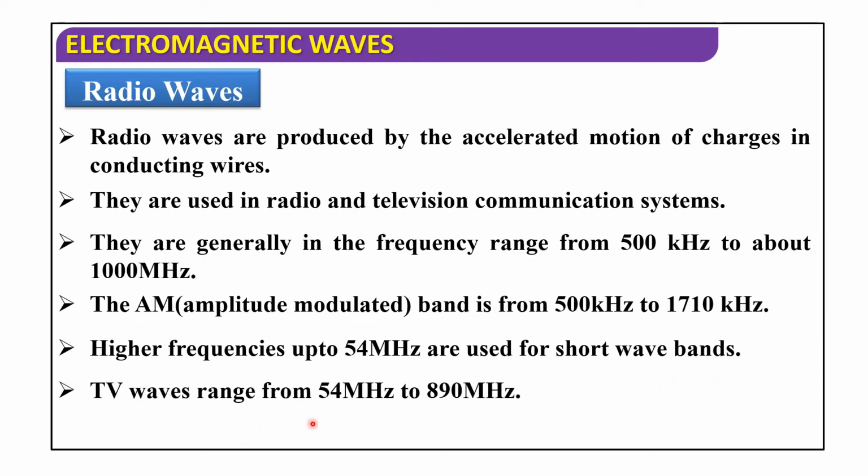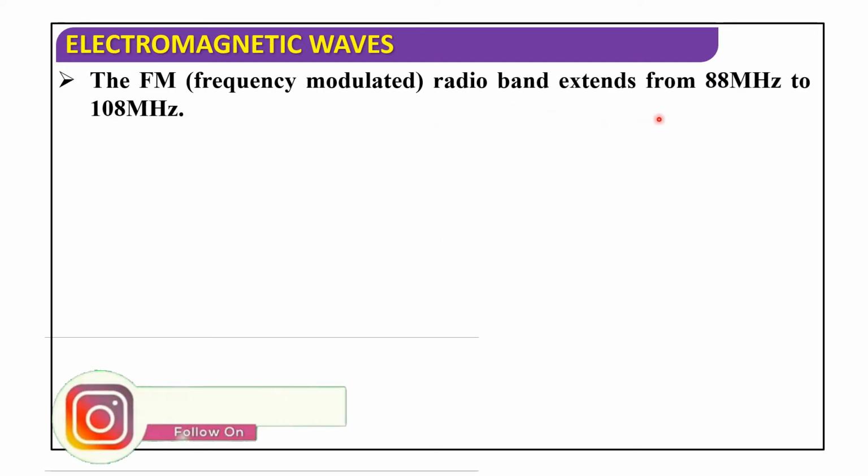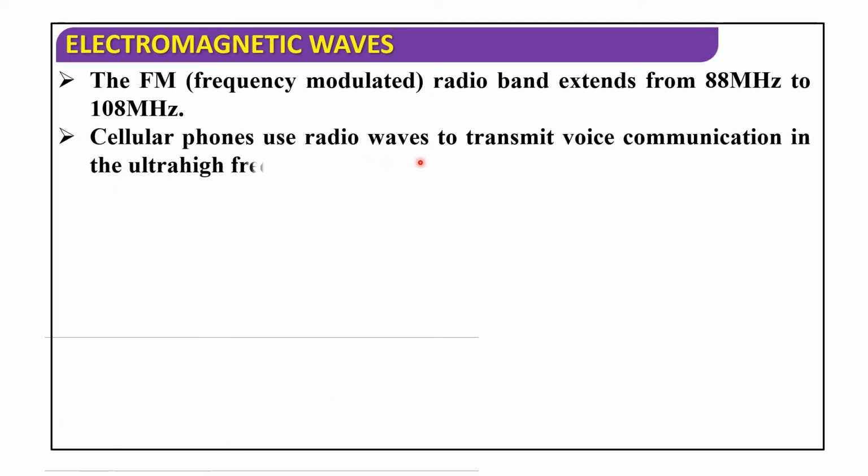TV waves range from 54 MHz to 890 MHz. The frequency modulated radio band extends from 88 MHz to 108 MHz. Cellular phones use radio waves to transmit voice communication in the ultra high frequency band, UHF.